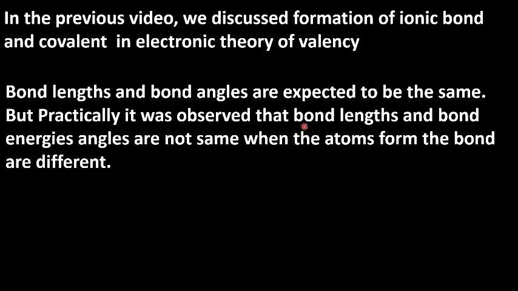But practically it was observed that bond lengths and bond energies are not the same when atoms forming the bond are different. These defects are successfully explained in valence shell electron pair repulsion theory, VSEPR.